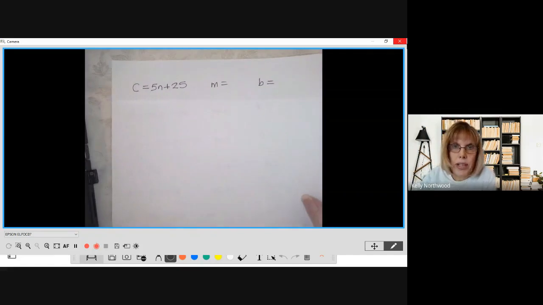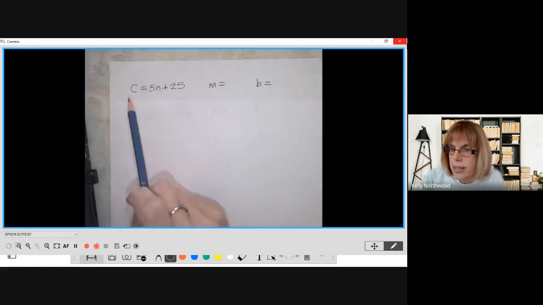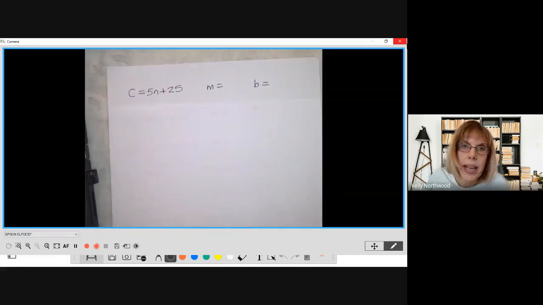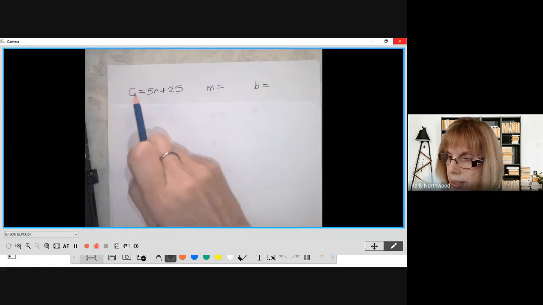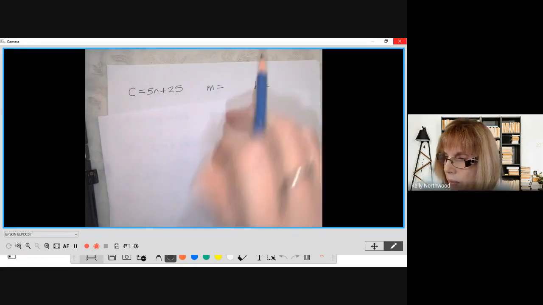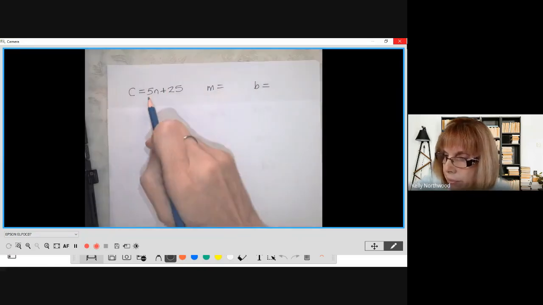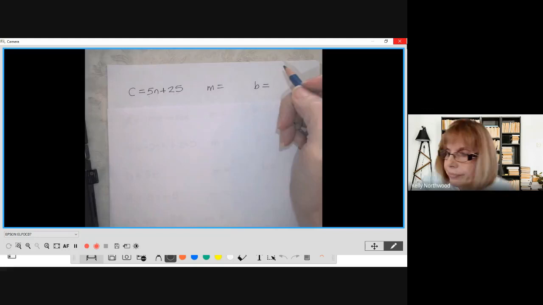So here's our first equation. C equals 5n plus 25. You don't have to write this down. You can if you want to, or you can just watch and participate. So C equals 5n plus 25. Who knows which number is the m? 5 or 25?